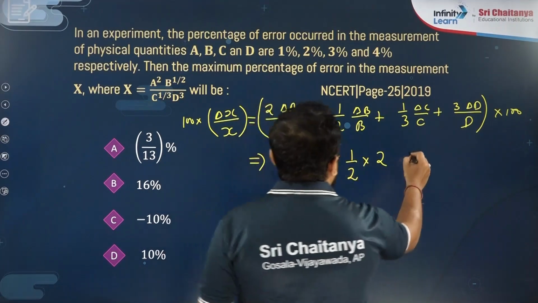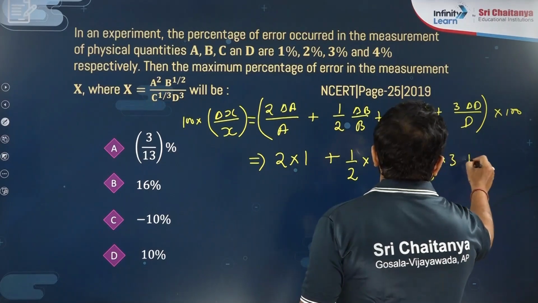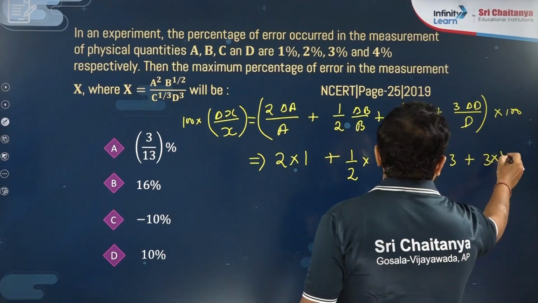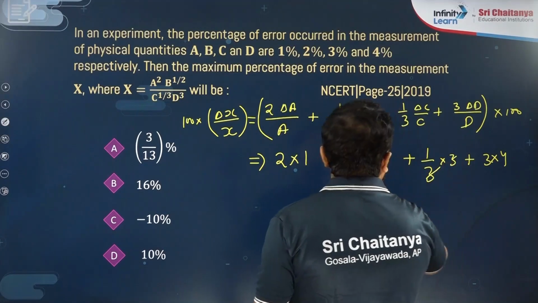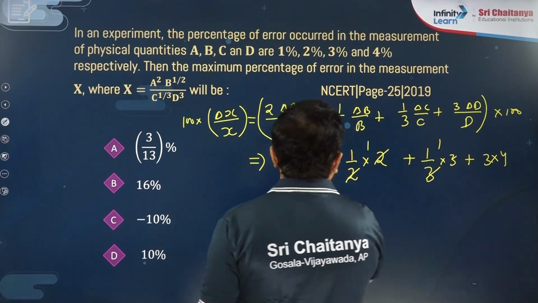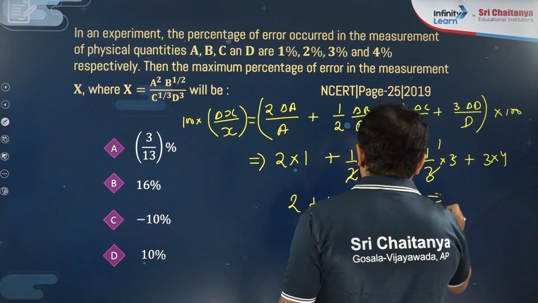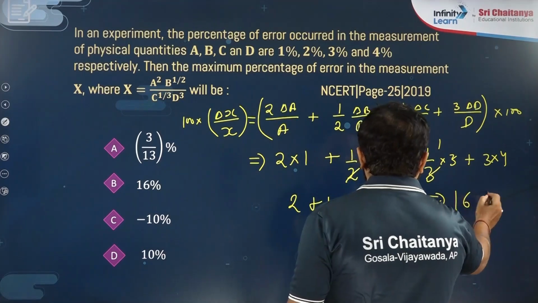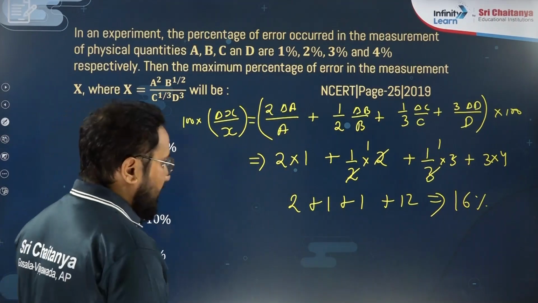That is 2. What is the percentage of C? That is 3. What is the percentage of D? That is 4. Is it clear? So it will become 2 plus 1 plus 1 plus 12. Hence it will become 16%. Exactly, this will be your final answer.